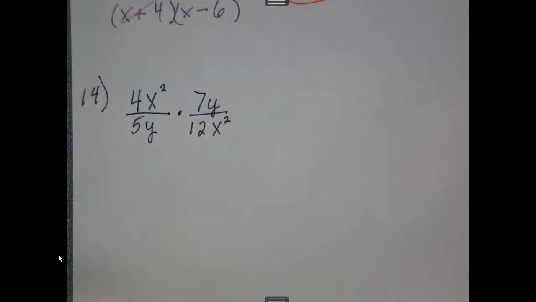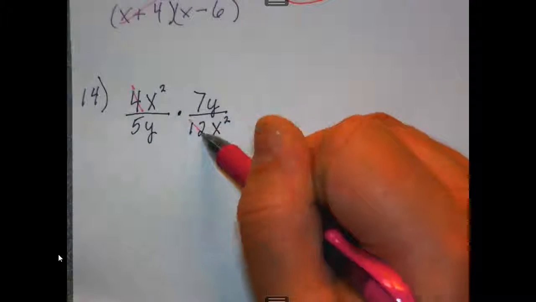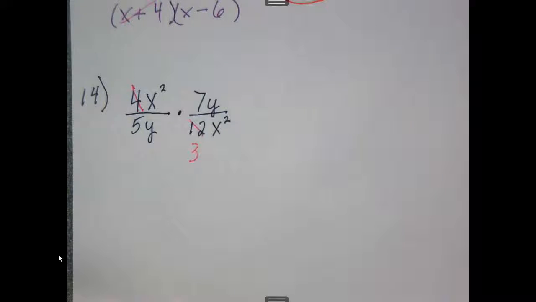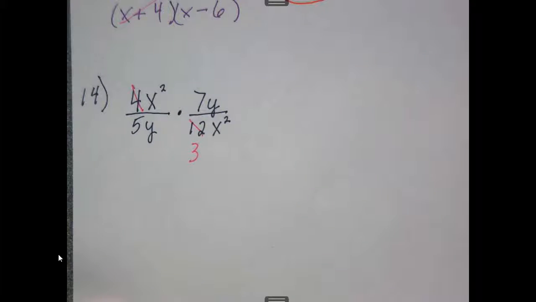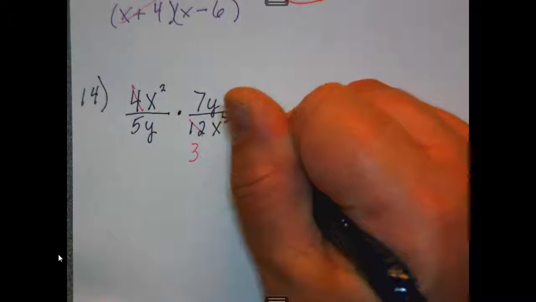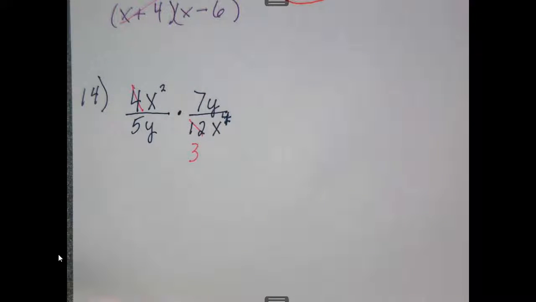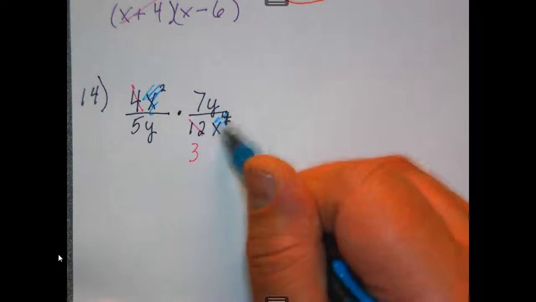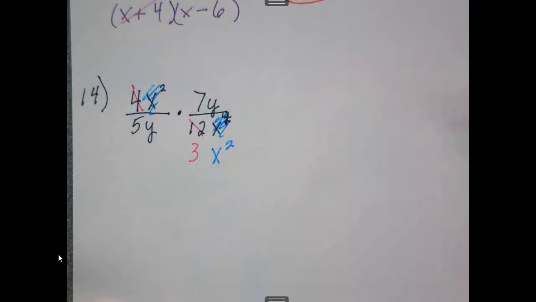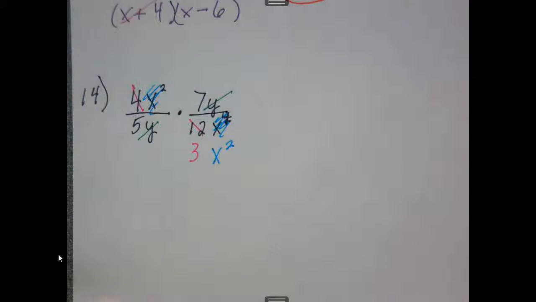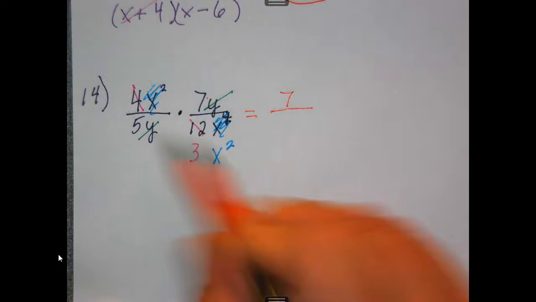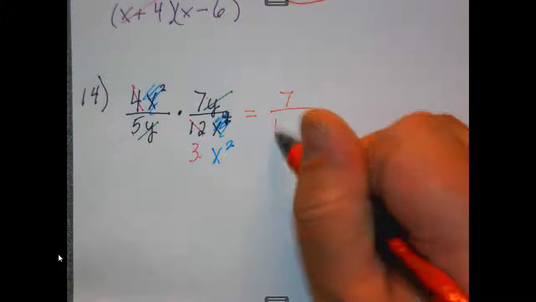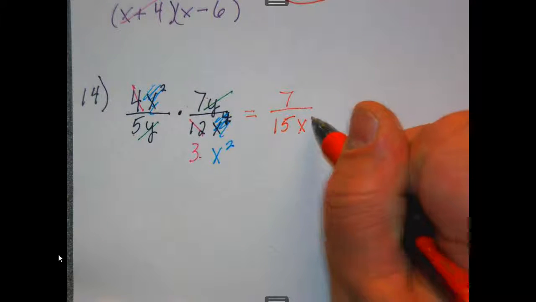Yep, 4 goes into 12 3 times. Yeah, the x squares cancel, right? This should be x to the fourth. So x squared, x to the fourth gives me x squared. My y's cancel. So this gives me 7 over 5 times 3 is 15 x squared.